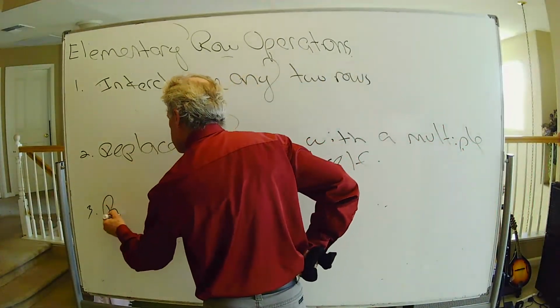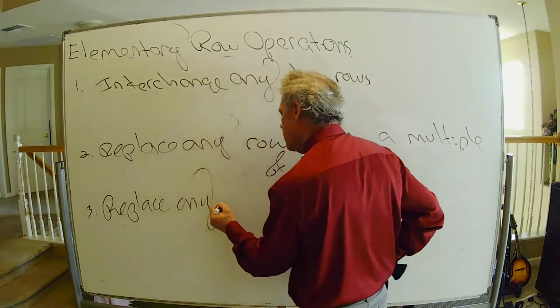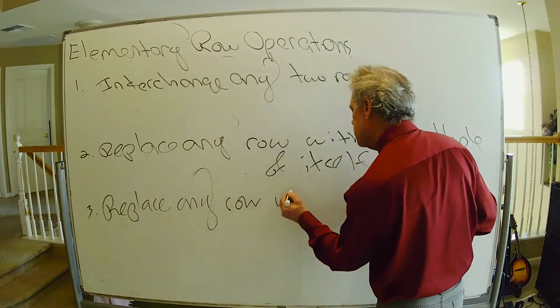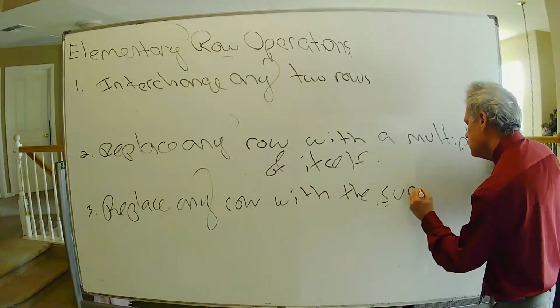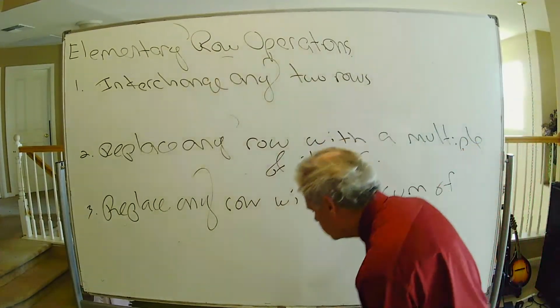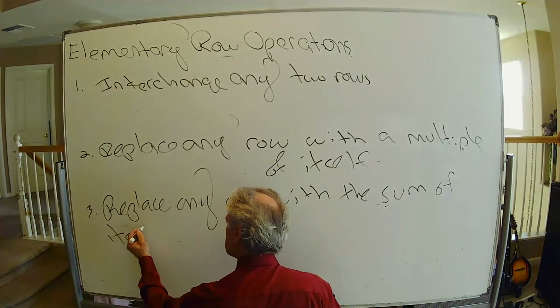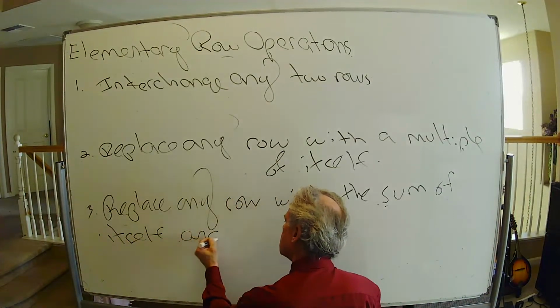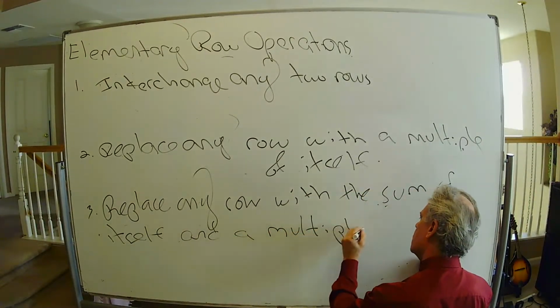So we can replace any row with the sum of itself and a multiple of another row.